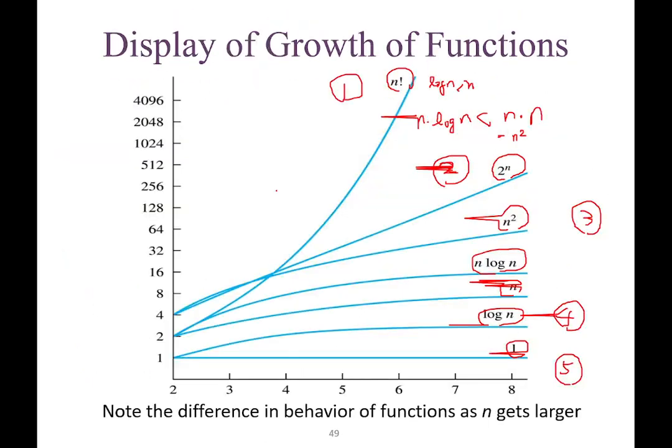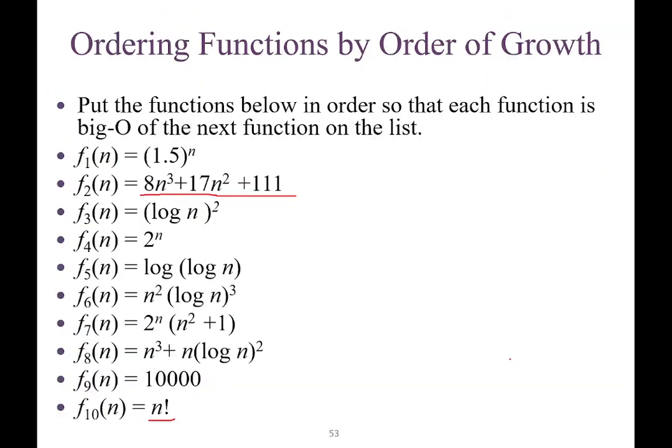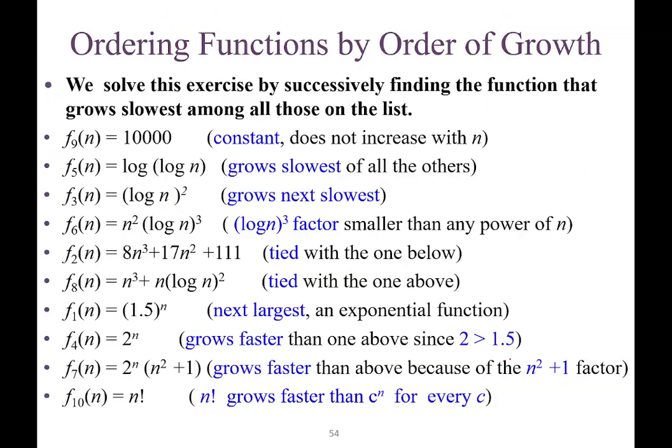The factorial function grows faster than the exponential function, and the exponential function grows faster than the polynomial function, then the logarithm function, then the constant function. So for these 10 functions, maybe we can put them into different categories, then compare within each category.